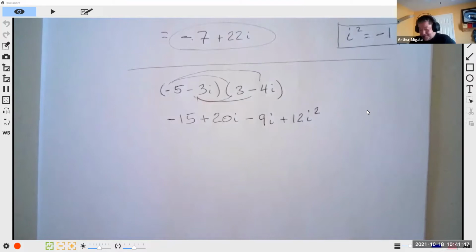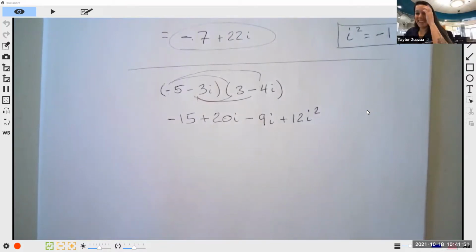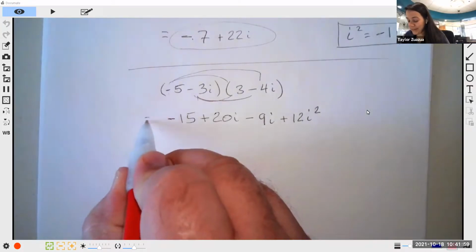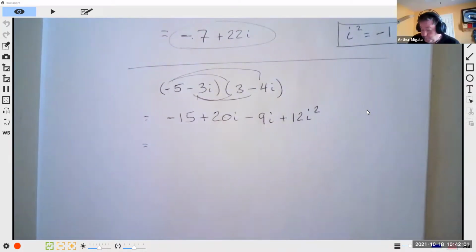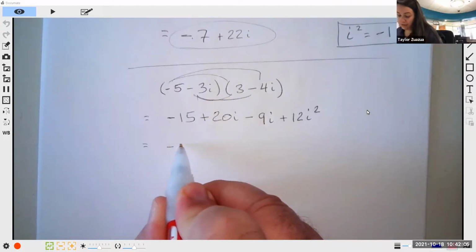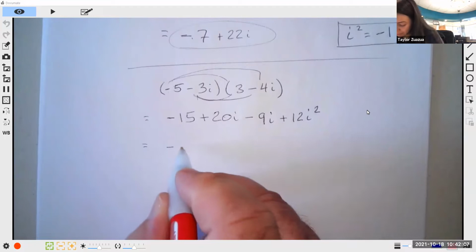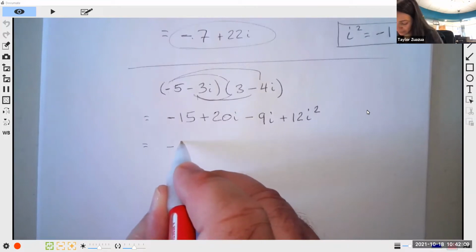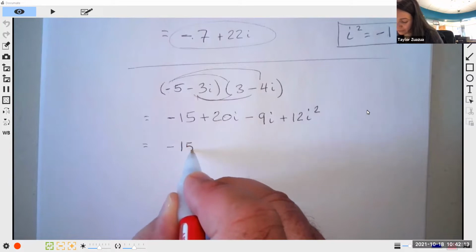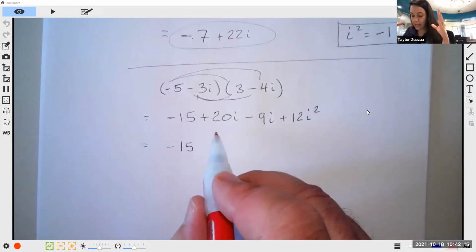Once you get in that habit, your errors of signs will be pretty much gone from here on out. So we're going to combine like terms. What did you combine first?